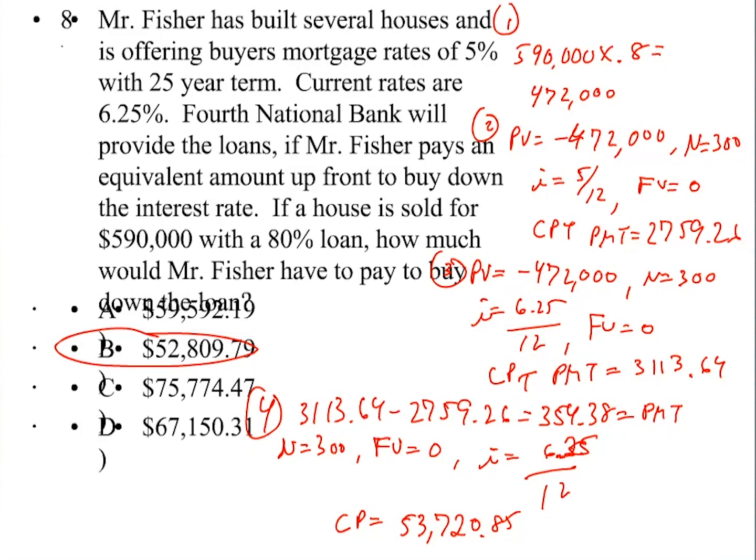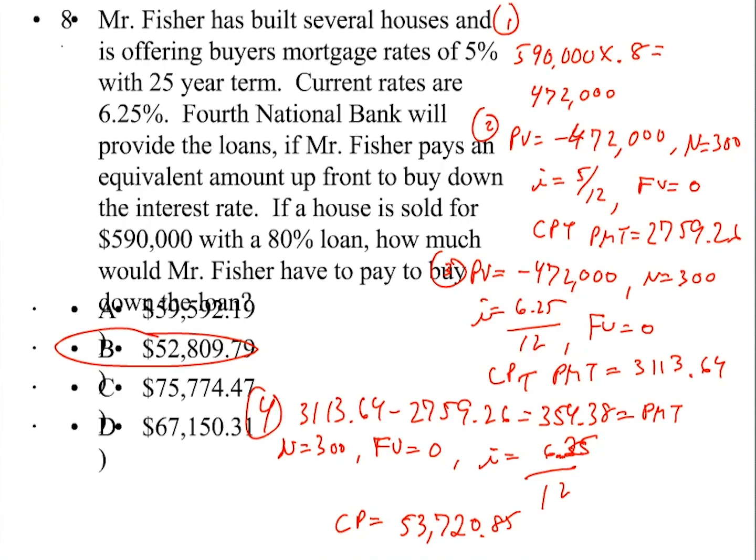Well, first of all, the house is $590,000. We're only borrowing 80%, so $590,000 times 80% is $472,000. Then we'd have to figure out what the payment is at 5%, borrowing $472,000. What's the payment at 5%, and what's the payment at the market rate, 6.25?